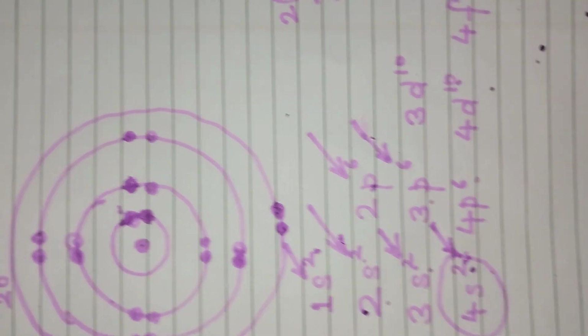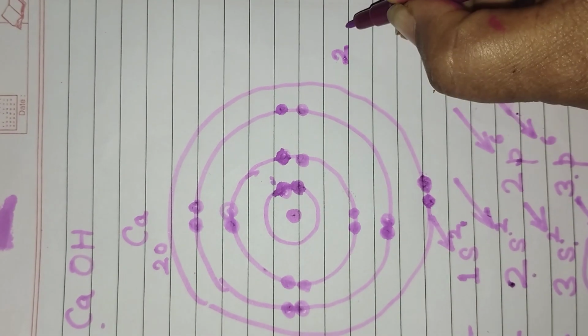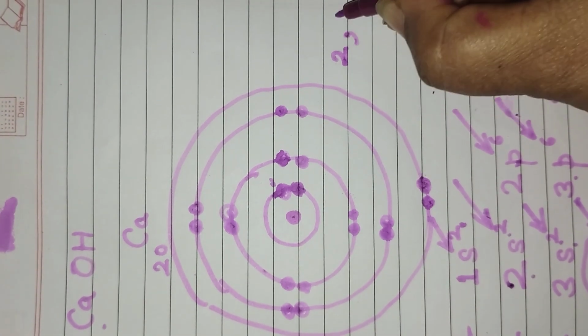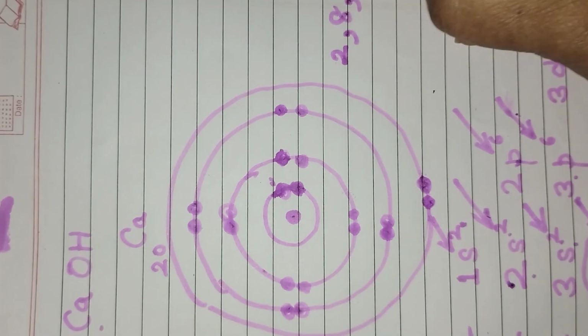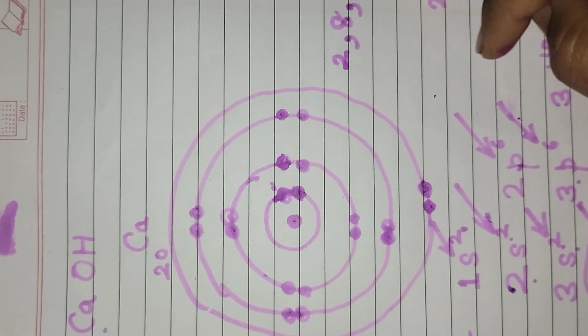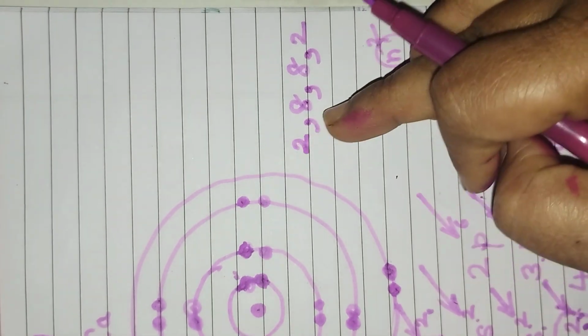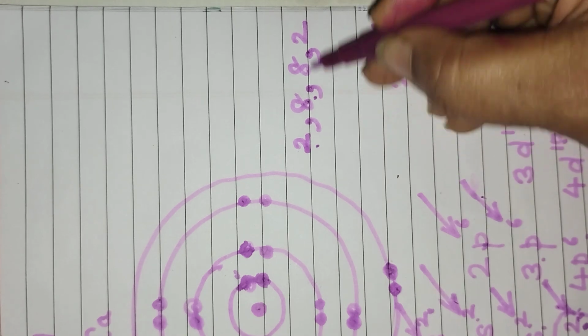So the electronic configuration will be written as 2 in the K shell, 8 in the L shell, 8 in the M shell, and 2 in the N shell. Clear? So it is 2, 8, 8 and 2, counting up to 20.